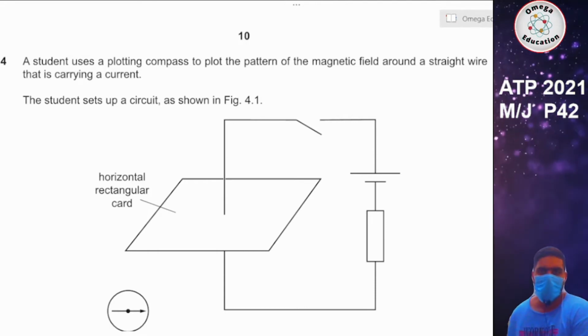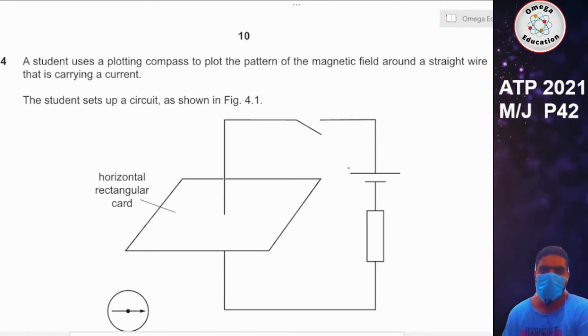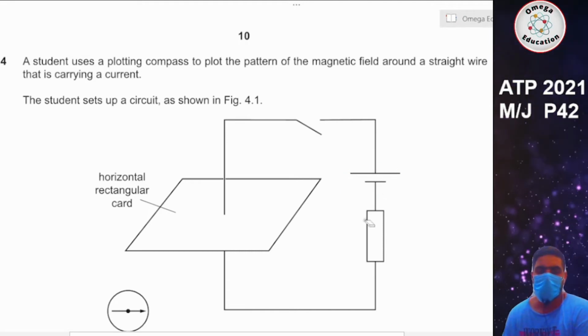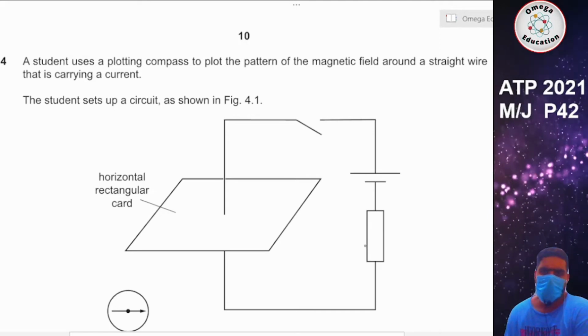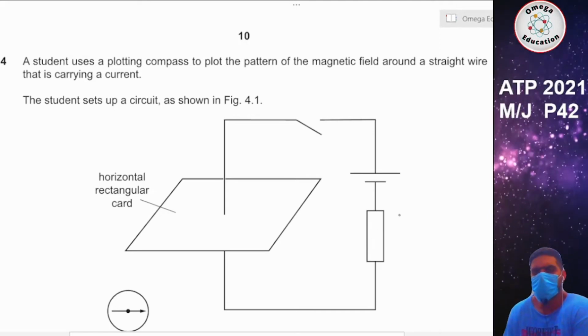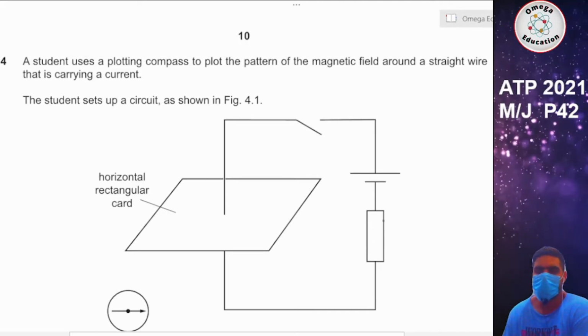So what we have is basically he has connected a battery with a resistor, which is there to just control the amount of current passing through the circuit.